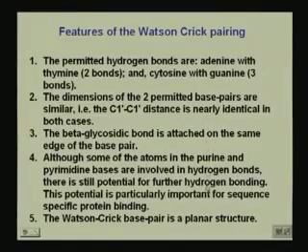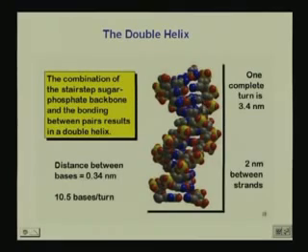We have gone through all of these features, and we now know that the structure of DNA looks like this. Okay? So, the double helix, we have 2 nanometers between the strands. We have 1 complete turn, that is 3.4 nanometers, and the distance between the bases is 0.34 nanometers, and we have a major groove and a minor groove.